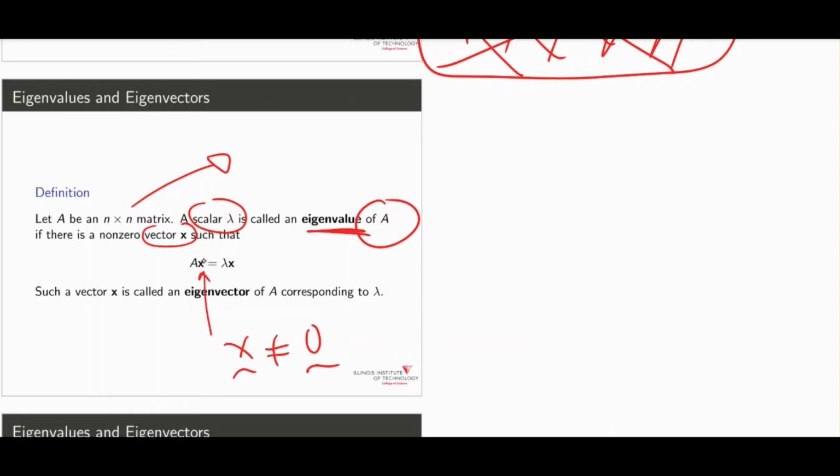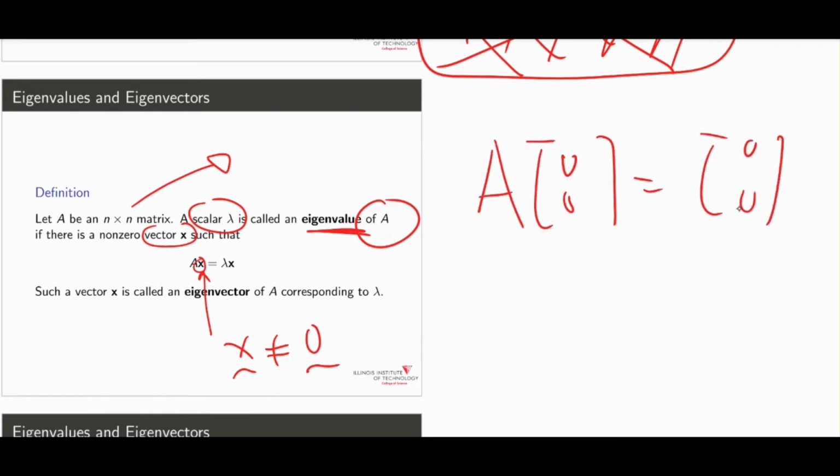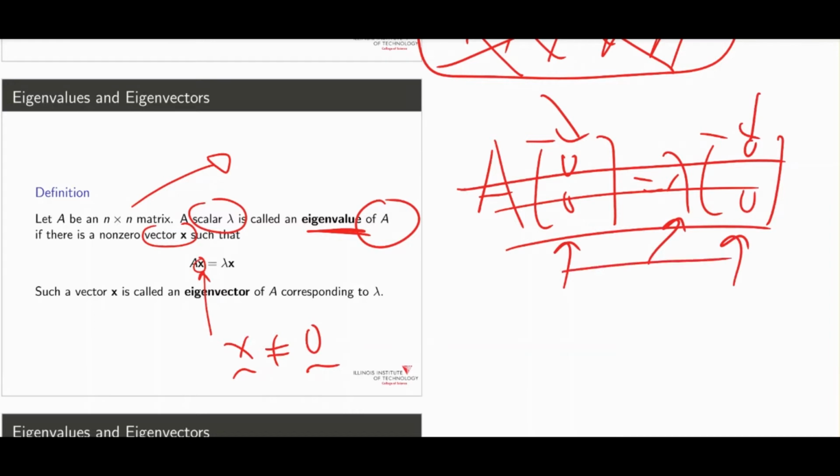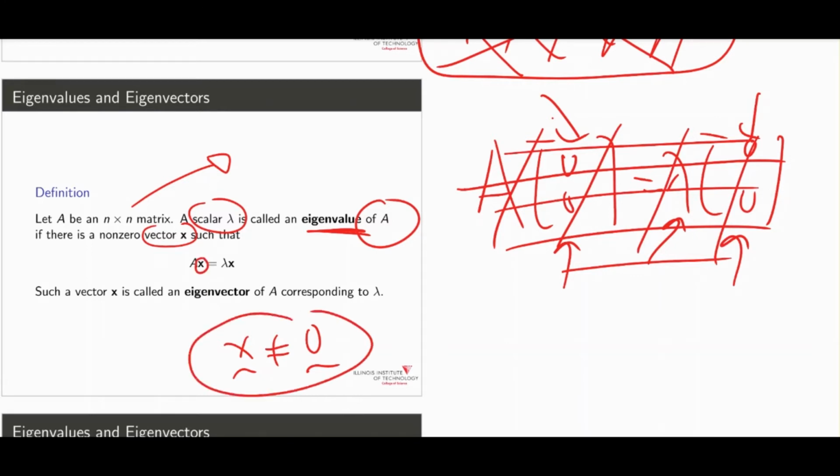If you have 0, A multiplies 0 always gives you 0. So you can multiply whatever lambda here, and you'd be like, oh, eigenvector, eigenvalue. No. If you have a 0 vector, that doesn't count, okay? So we want our eigenvector, this particular vector x here, to be non-zero. This is critical. You always have to remember that.